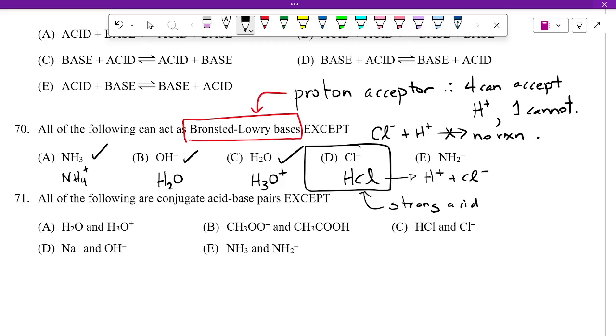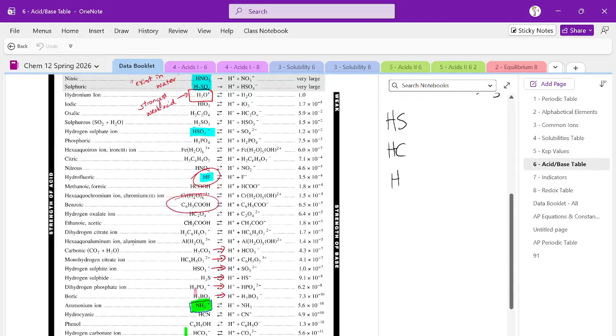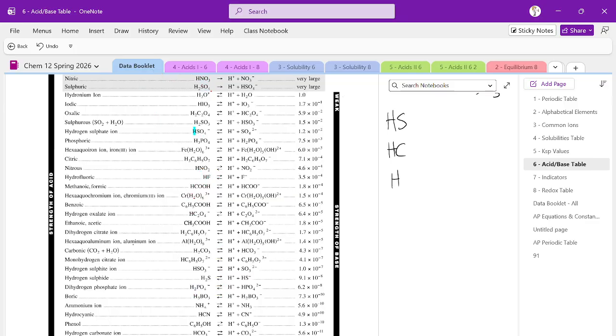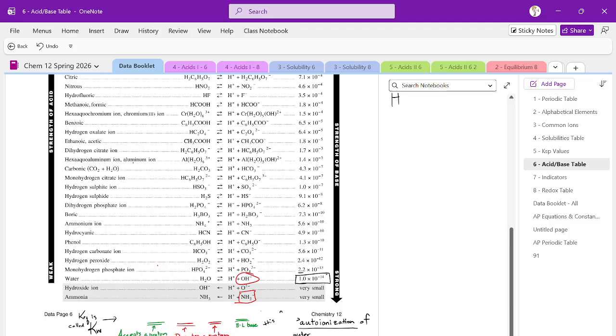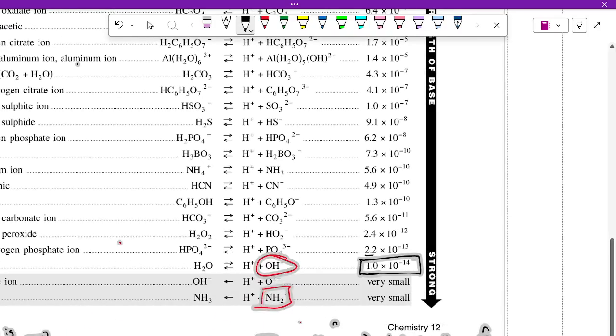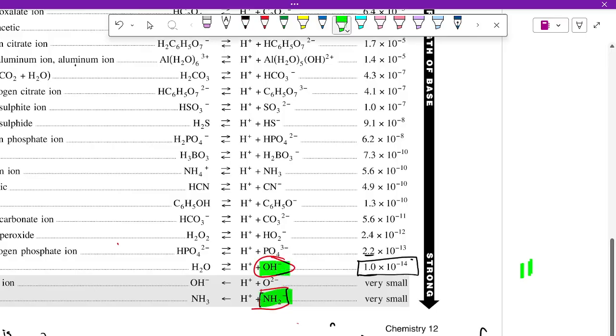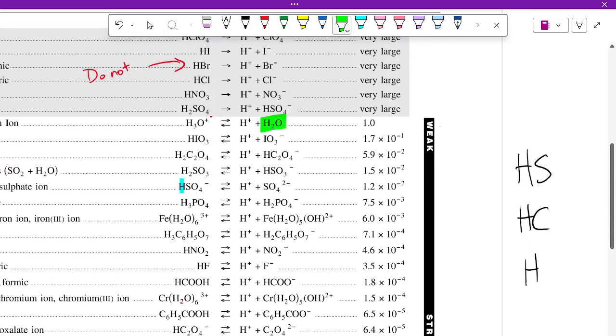The other way to look at it is to go to your chart. Two of the things we had were NH2 minus and OH minus, and we were given NH3, and water, which is way up here, and Cl minus.